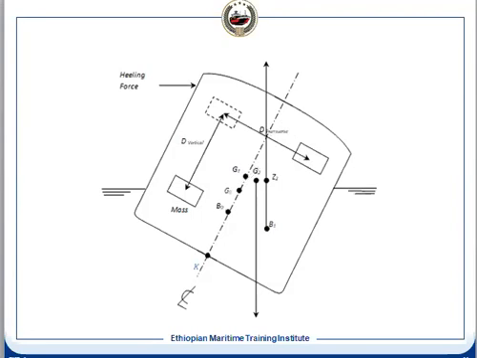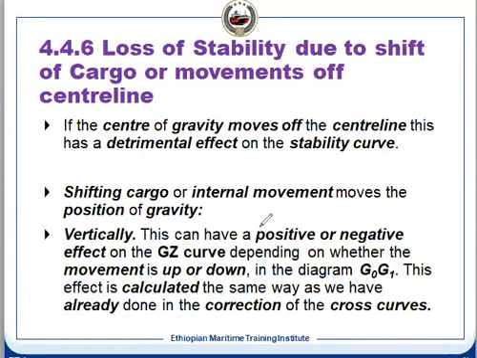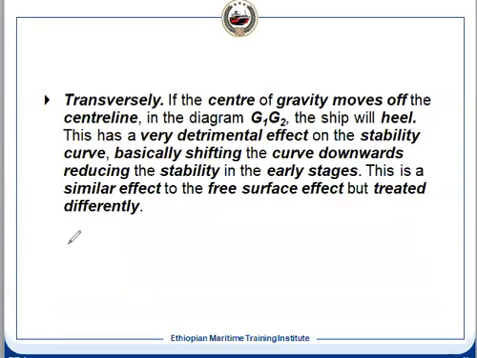Exactly here also, when we have internal shifting, that is the cargo shifting, G0 to G1 is the vertical shift. And once there is a vertical shift, our cross curves of stability will change. The statical stability curve will not be the same, it will change, as GZ will change in that case.